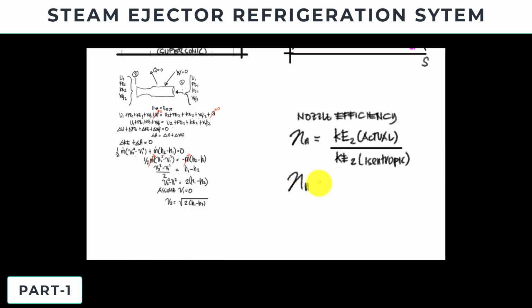We can also express this as enthalpy 1 minus enthalpy 2, divided by enthalpy 1 minus enthalpy 2 prime, isentropic.